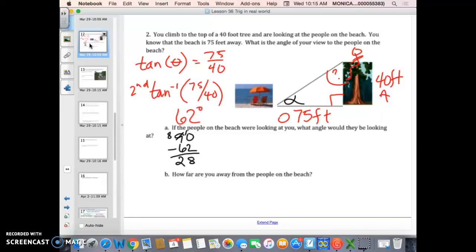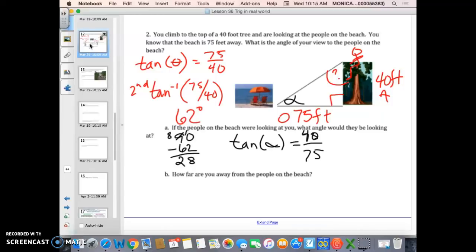So it's a 28 degree angle. Or you could do the tangent of this symbol here equals 40 over 75. And you should also get the answer of 28 degrees.